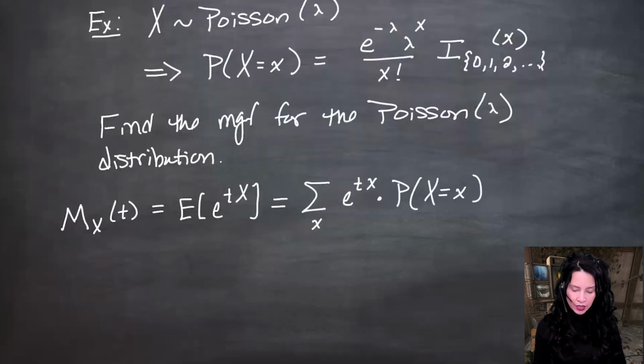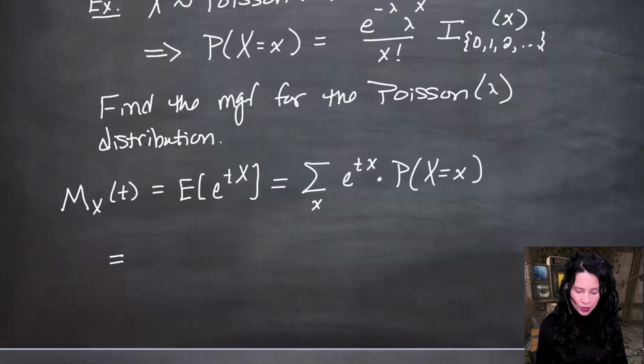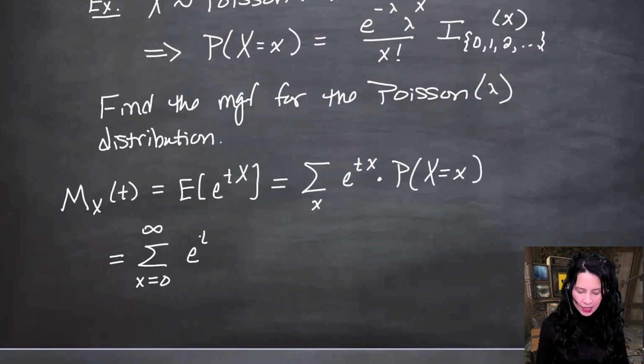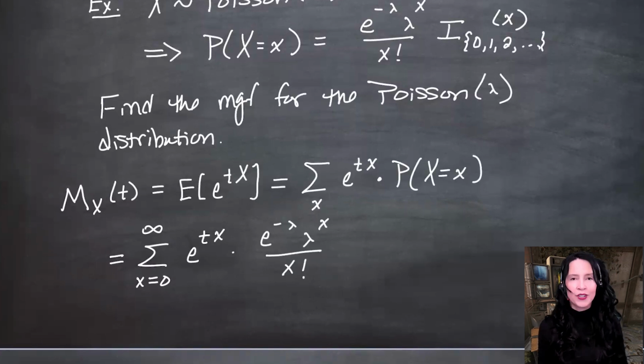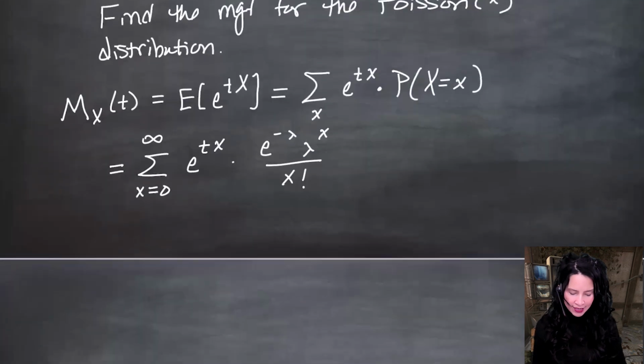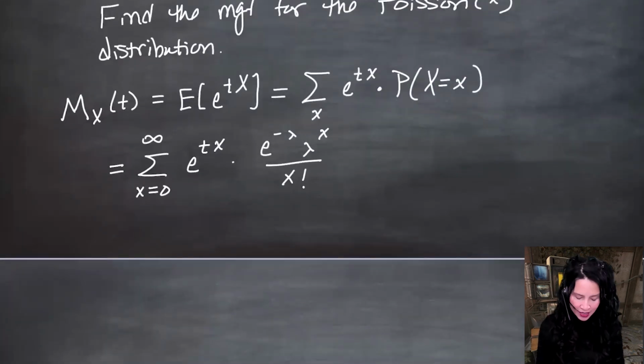And the x's we're going to sum over are 0, 1, 2 on up. So this is the sum as x goes from 0 to infinity of e to the tx times e to the minus lambda, lambda to the x over x factorial. I know this notation, you might be confusing my lambdas and x's. I'm trying to be really careful about how I write this.